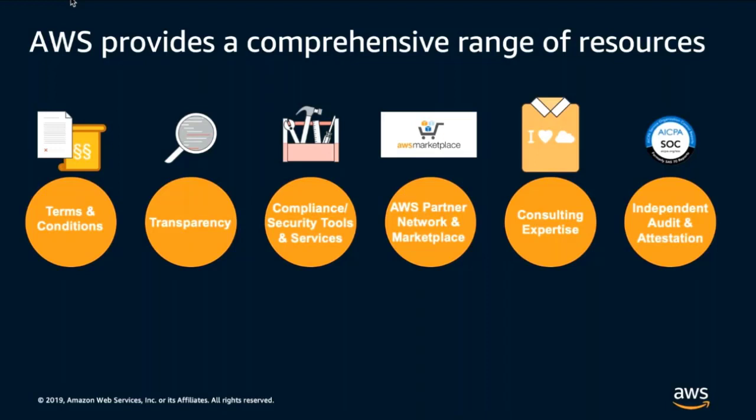Using our AWS Marketplace, you have access to many different world-class services and products which help you manage things like data quality and data governance, and you can use these without having to build a separate relationship with those partners. You can use those services and they will go into your AWS bill. We also provide consulting expertise from our professional services team, of which I'm a member.